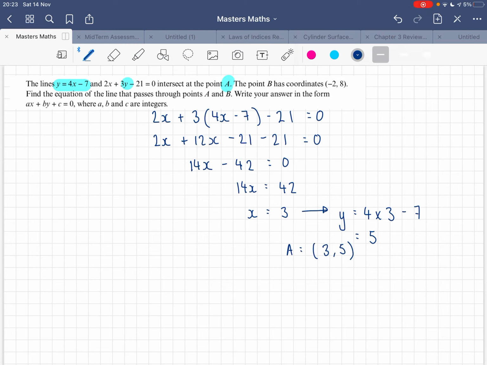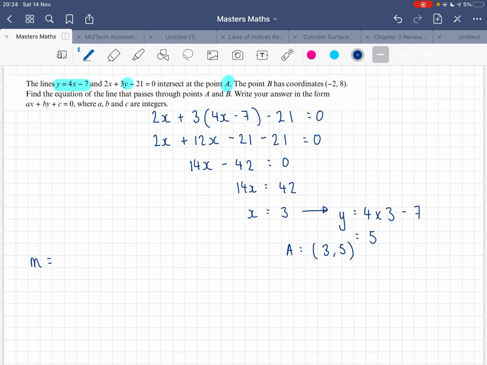Then I need to find the gradient for my new line, my new equation, and it passes through point A and B. A is 3, 5, B is negative 2, 8. So I have to find the gradient between those 2 points. So I have to do change in y over change in x. It doesn't really matter, I'm going to get a negative either way.